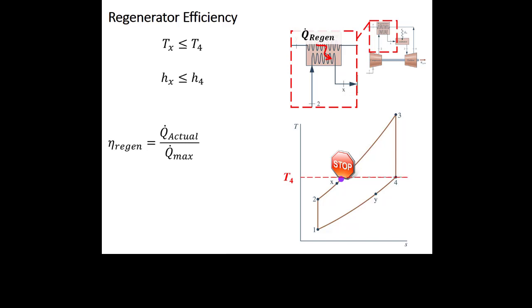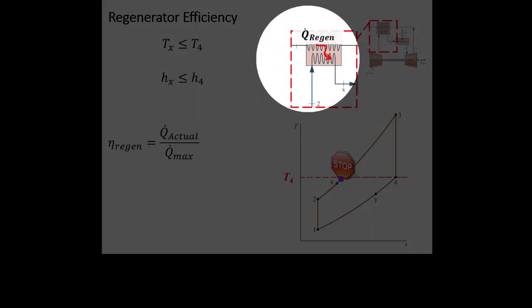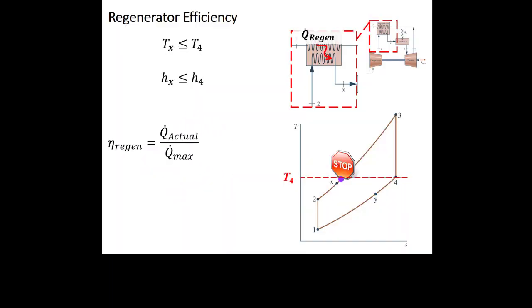So we have a new kind of efficiency that we talk about with these Brayton cycles. When they have regeneration, we talk about a regeneration efficiency. So the regeneration efficiency is going to be the actual amount of heat that gets transferred to the cold side, that's the side that we really care about, divided by the maximum amount of enthalpy that we could transfer to that cold side fluid.